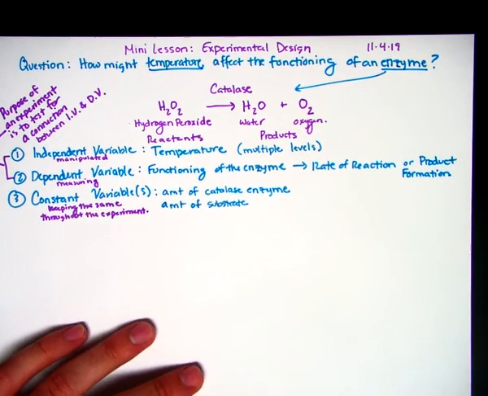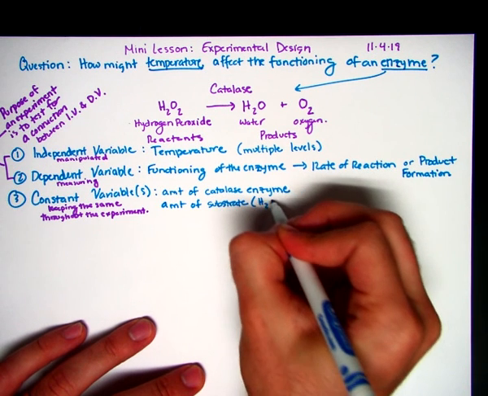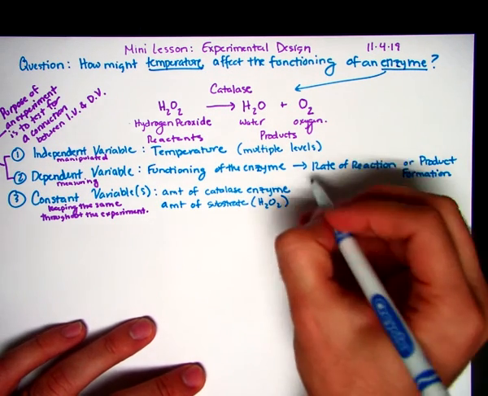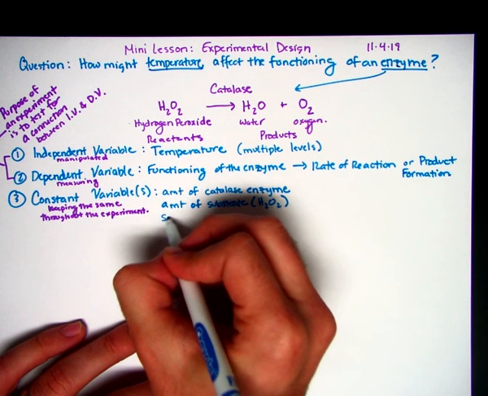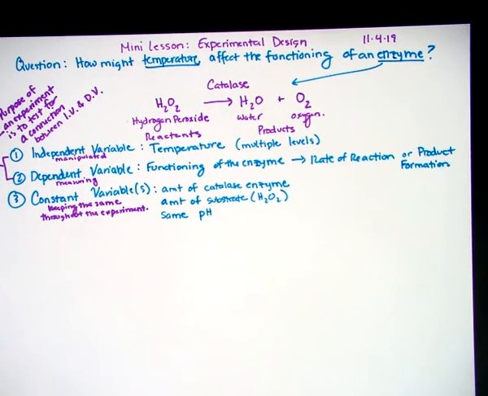Hydrogen peroxide, right? That's what's actually being acted upon. We want to keep that constant. And some other things that we could keep constant would be like the same pH. Same level of pH across all of the experiment.